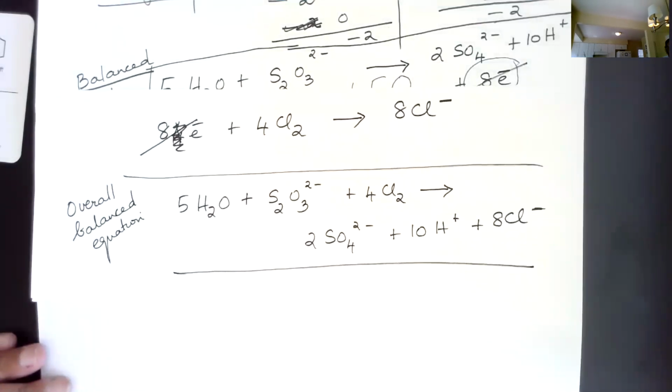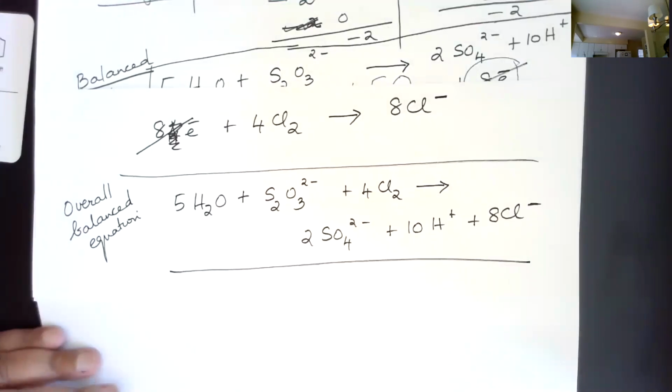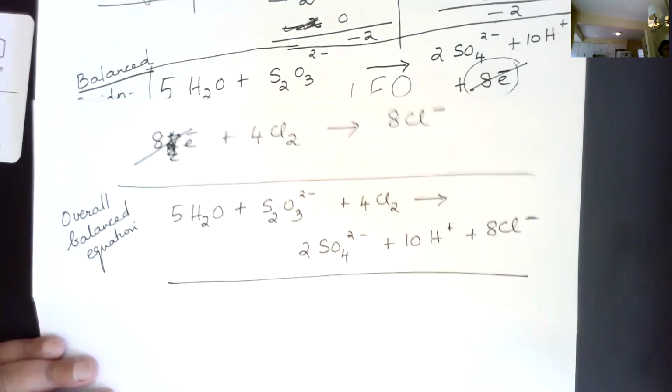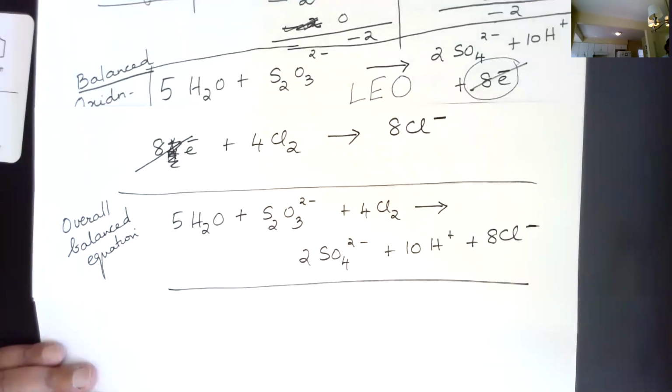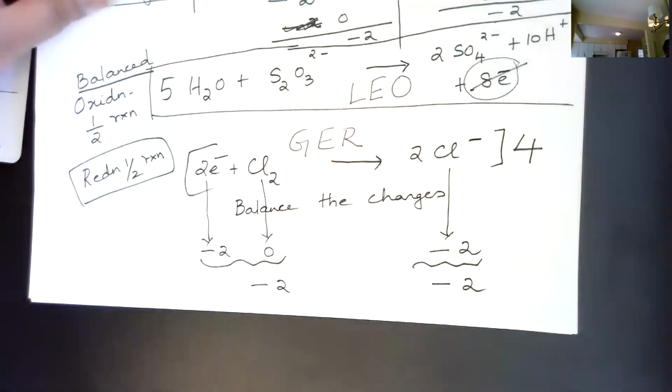This is the balanced equation. So I have to see how the electrons are balanced, how they are made equal, and then the overall balanced equation.